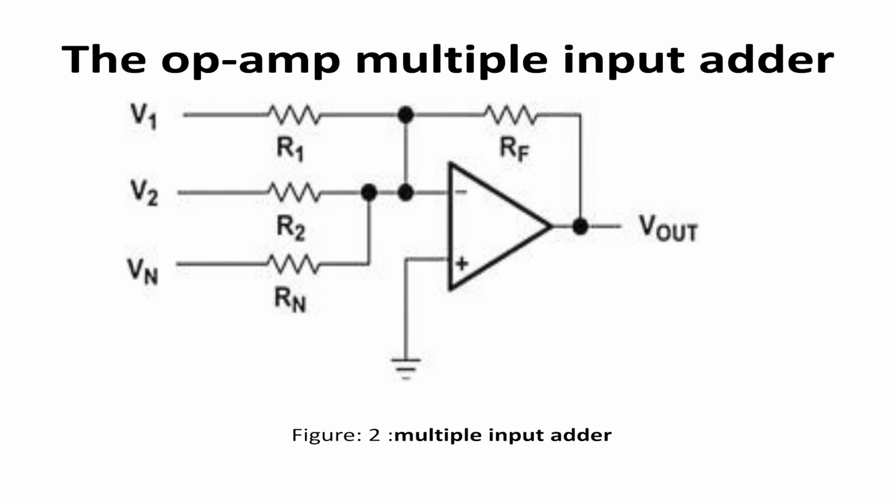Rf is the feedback resistor connected from the op-amp output to its inverting input. In this expression, the negative sign indicates that the op-amp inverts the sum of the input voltages.